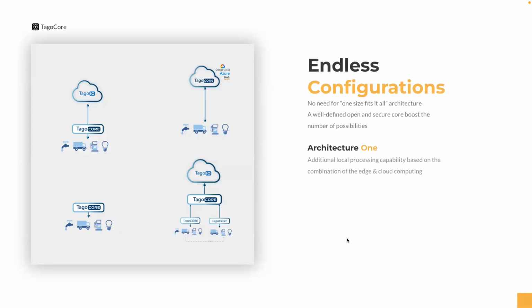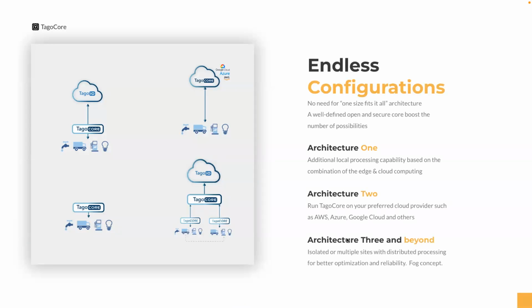So to start things off, let's talk a little bit about the configurations of TagoCore. TagoCore is basically software that you can install on pretty much every type of platform that exists today. That means you can install TagoCore on the edge, which is shown right here in this little diagram.